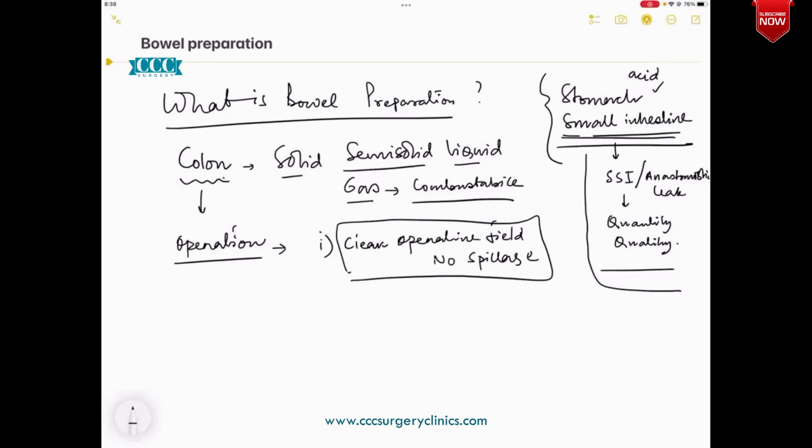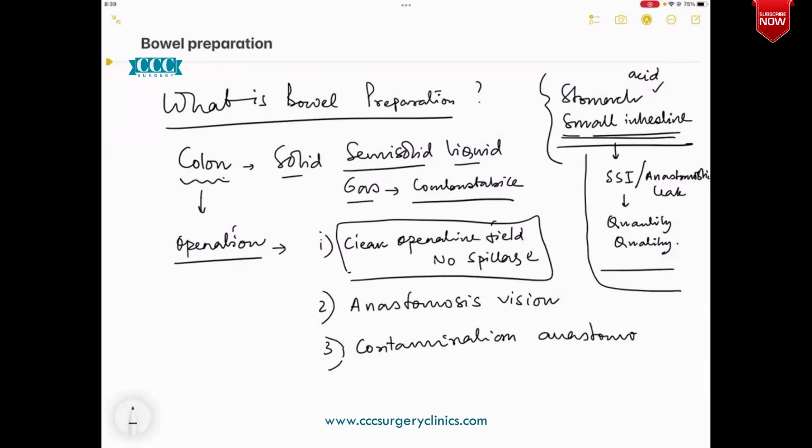bacteria. Number one. Number two, anastomosis is done under vision and with the idea that contamination of the anastomosis is minimal.